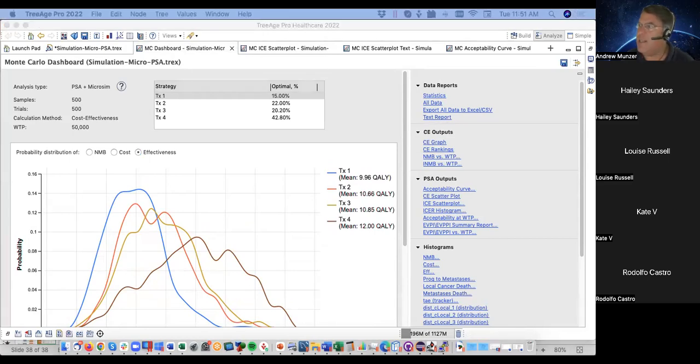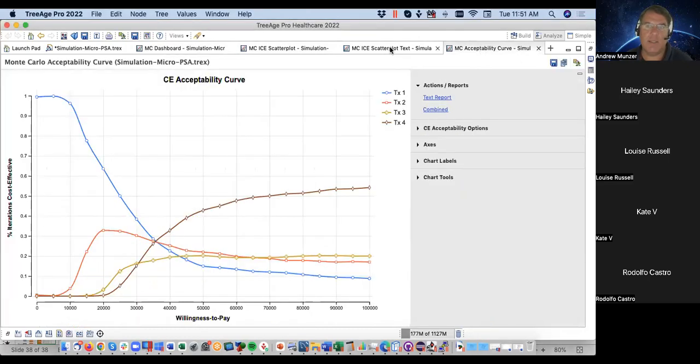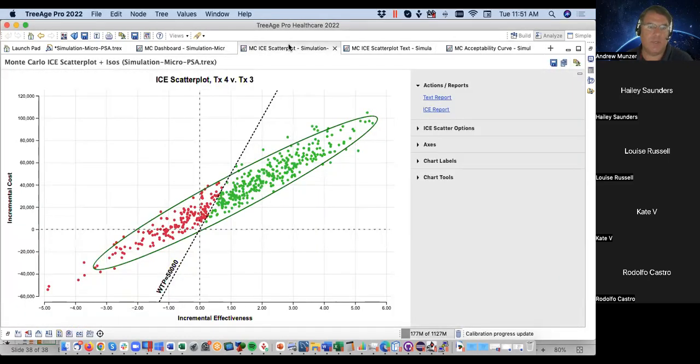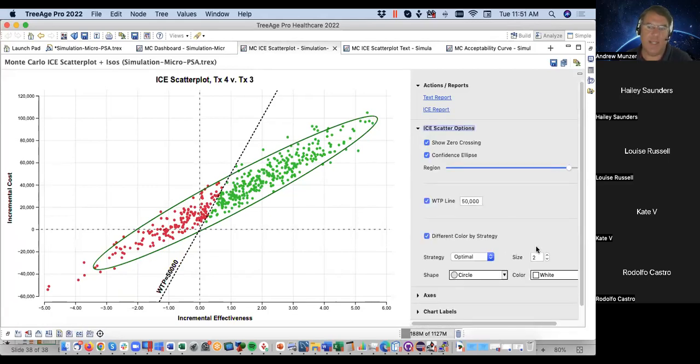Now, the last thing that I wanted to talk about today, if there weren't further questions, was some of the things that we've added in terms of the ability to manipulate these graphs. We'll use this one as an example. There's a whole lot of options now, and we've certainly had complaints over the years that our graphs weren't pretty enough and weren't flexible enough.